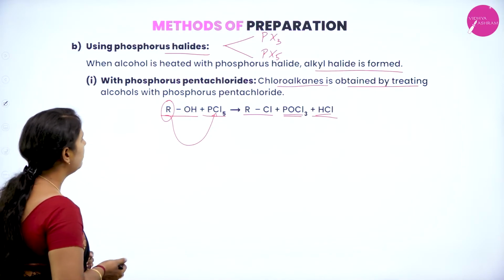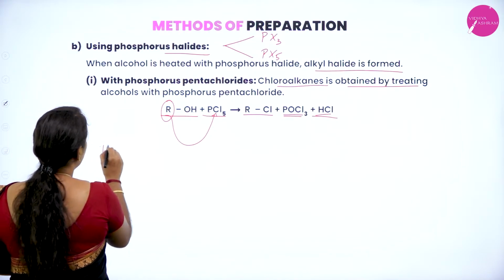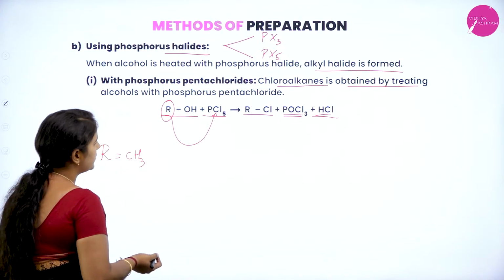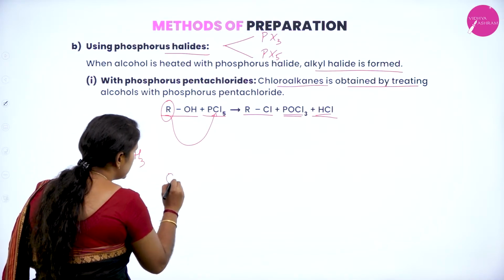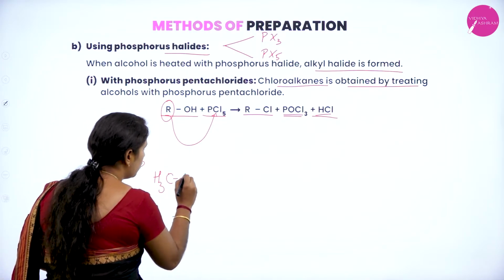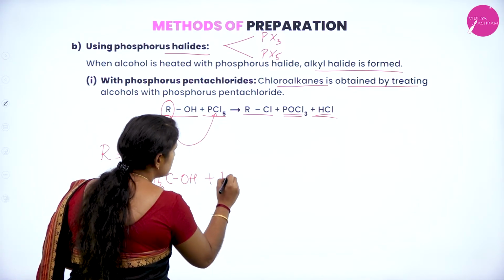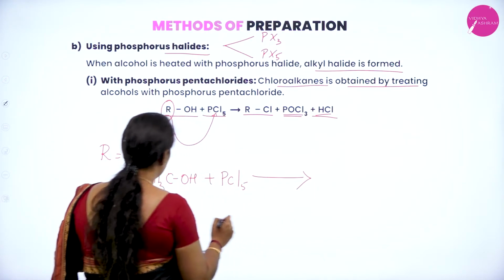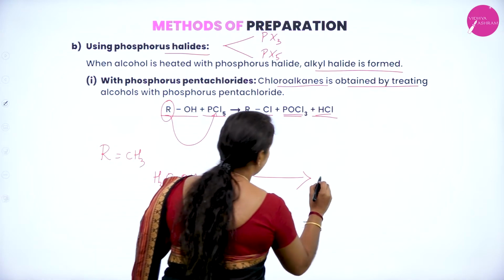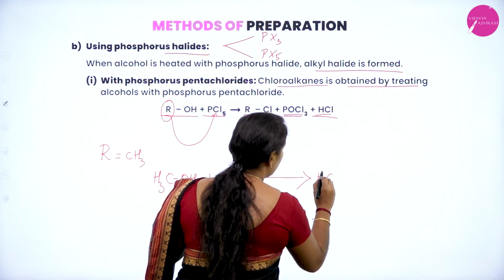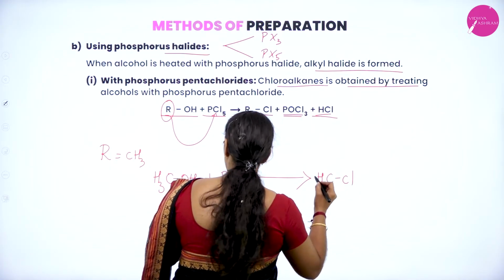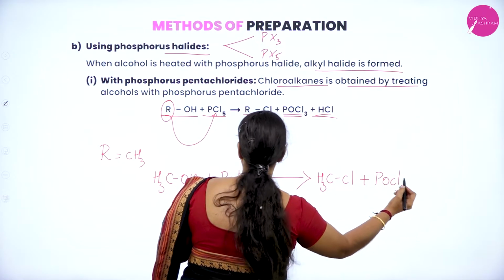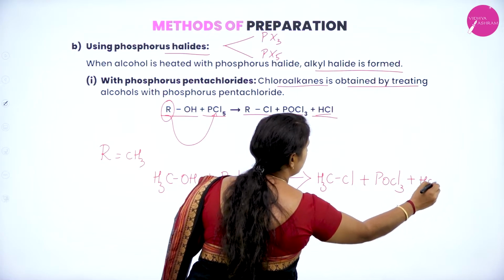Okay, we'll take up one more example. Again, I'll replace the R with CH3, and we are using what? Phosphorus pentachloride. So it is CH3OH in presence of phosphorus pentachloride. So what will happen? Again, the CH3 combines with one more Cl to form what? Alkyl chloride plus POCl3 plus HCl.